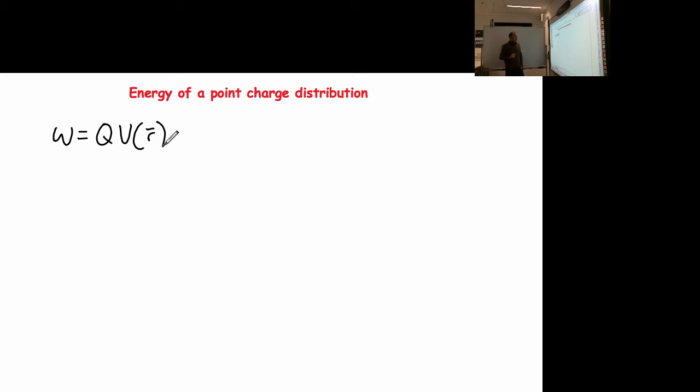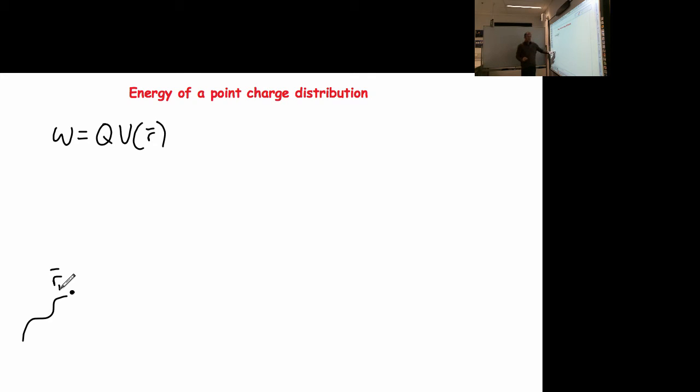Now, let's look at how much work would be done in order to put together a point charge distribution. So first of all, let's say we take in some charge Q1 from far away, and we're going to put it at some position which is given by R1.